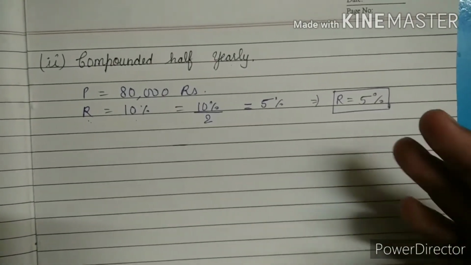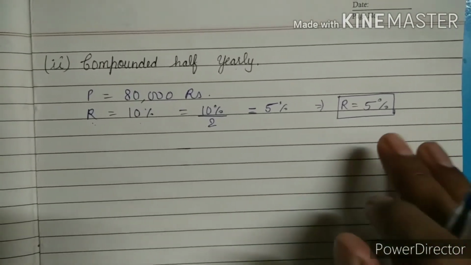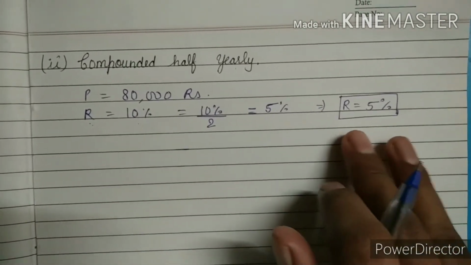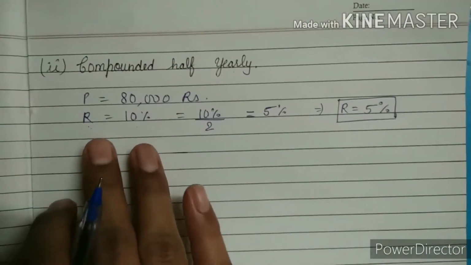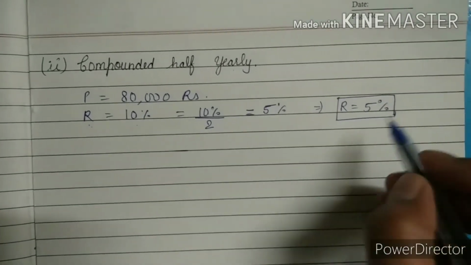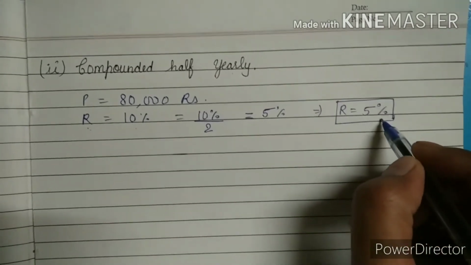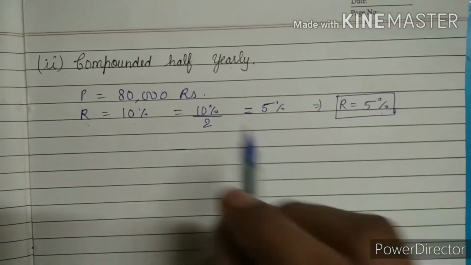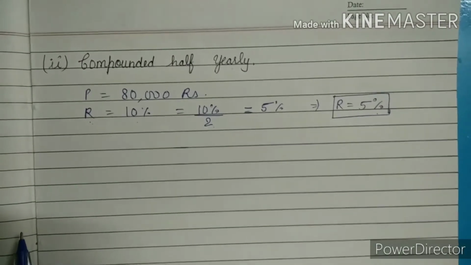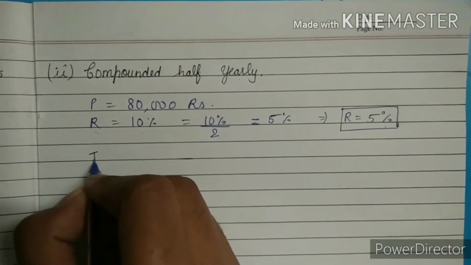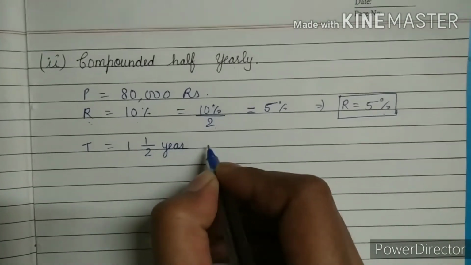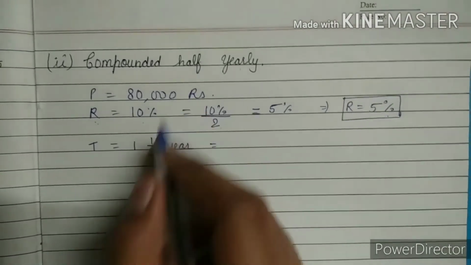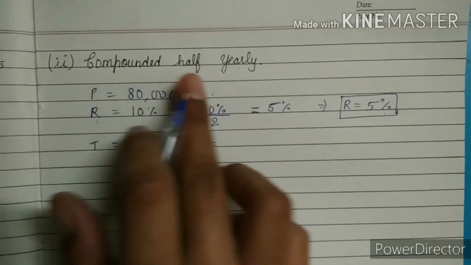Sometimes students make the same kind of mistake, that they take the right rate of interest after dividing by 2, but they again put the previous one. So always remember, highlight the rate of interest that you have taken by dividing by 2. Same here, time is given 1 1/2 years. So it will also change because compounded half yearly.